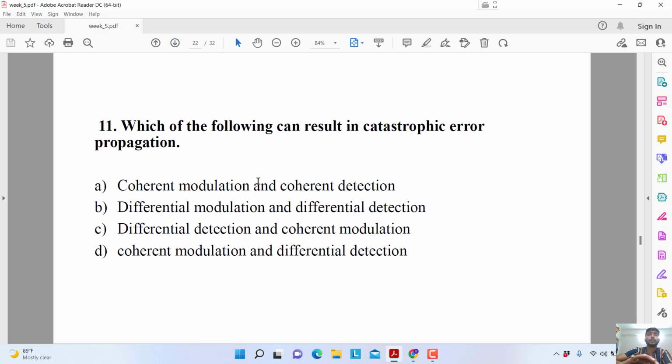Okay. Next, the statement type question. The question is: which of the following can result in catastrophic error propagation?